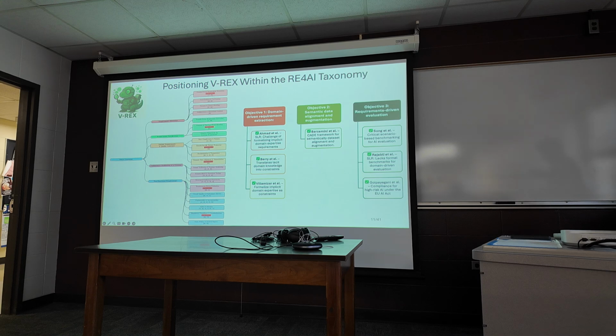We reviewed the field across five areas: elicitation, specification, dataset quality, evaluation, and non-functional requirements, and grouped prior work into subcategories aligned with our three core objectives. For objective one, which focuses on domain-driven requirement extraction, Ahmad and collaborators highlight how hard it is to formalize domain expertise.